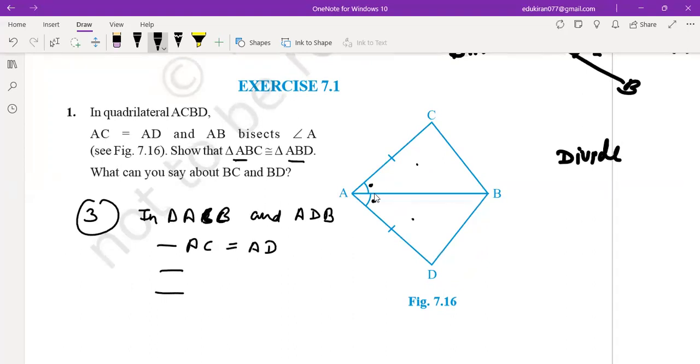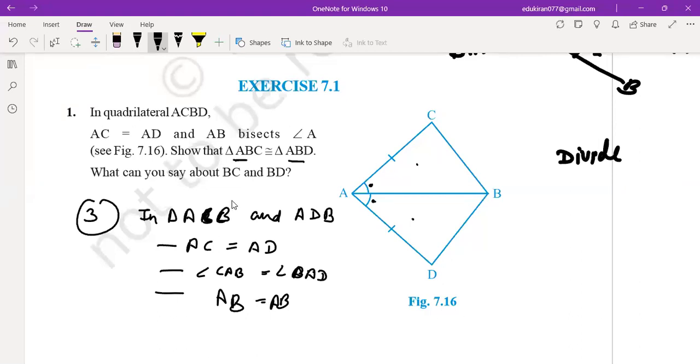Then angle CAB is equal to angle BAD. And over here, this one is common between them, AB equals AB. Yes or no? Yes, ma'am. I just wanted you to find those similarities.